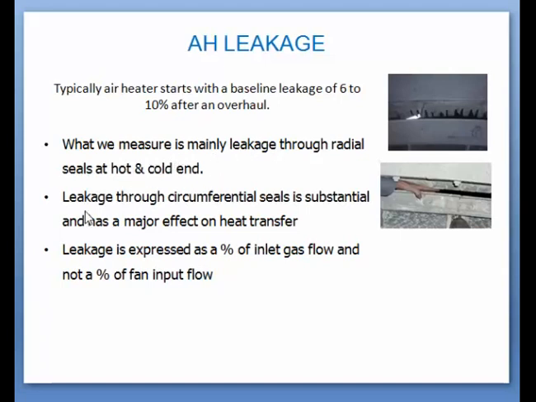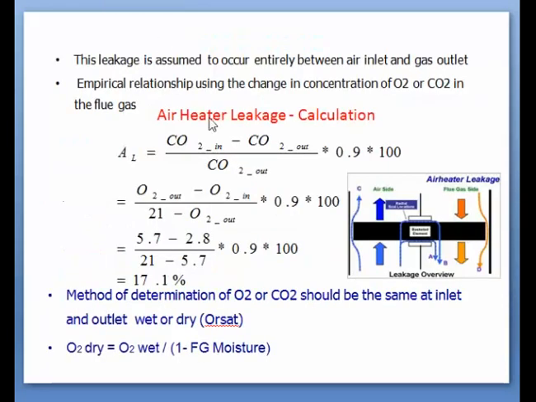Then leakage through the circumferential seal is quite significant, and that has a major effect on heat transfer. Leakage is expressed as a percentage of inlet gas flow, not as a percentage of fan input flow. So the leakage is assumed to occur entirely between air inlet and gas outlet.